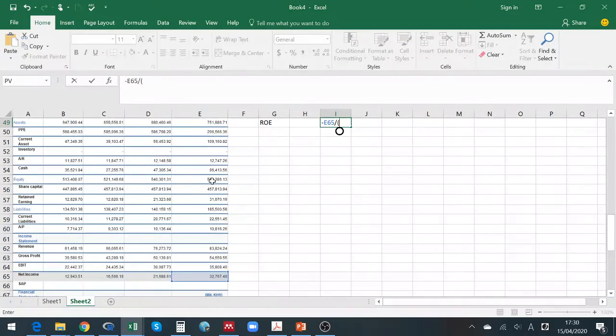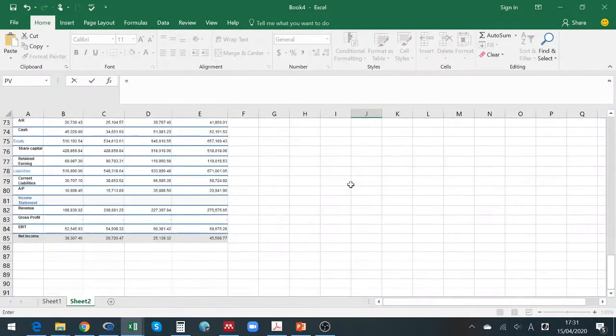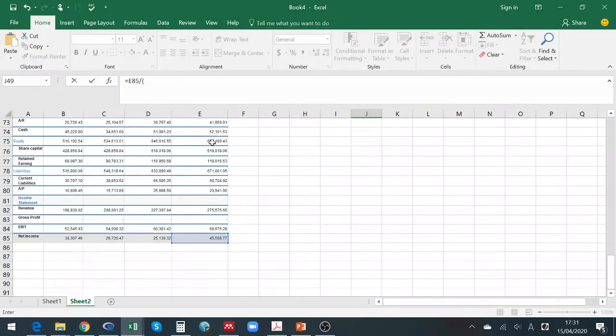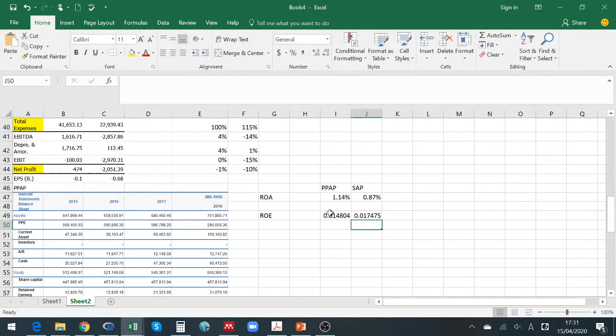Equity is this number plus last year's, divided by 2. Why is it negative? Oh, this should not be negative. Then for the SAP, net income divided by equity this year and equity last year divided by 2. These are the figures.